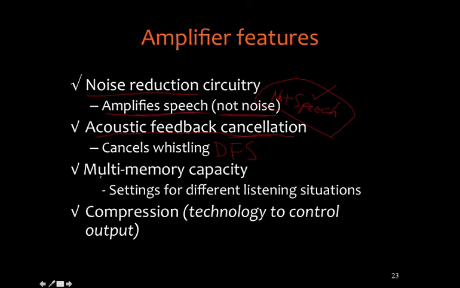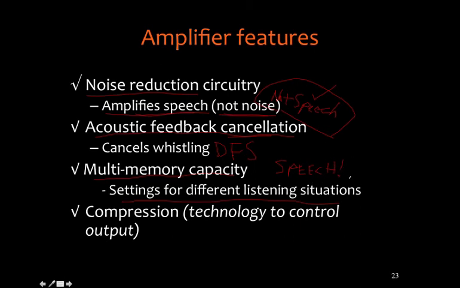Other characteristics of digital amplifiers include the capacity to have multiple memories, multiple programs of performance. Think of this as settings for different listening situations. What did we say initially was the primary focus of a hearing aid? To amplify speech. However, there may be other situations in which a person would want to listen with their hearing aid.